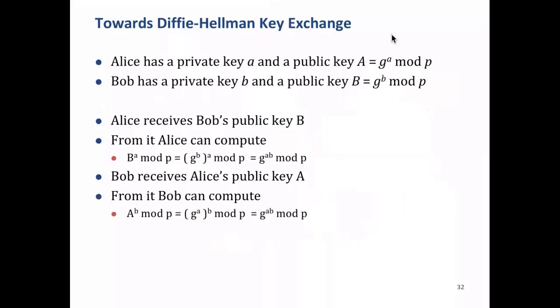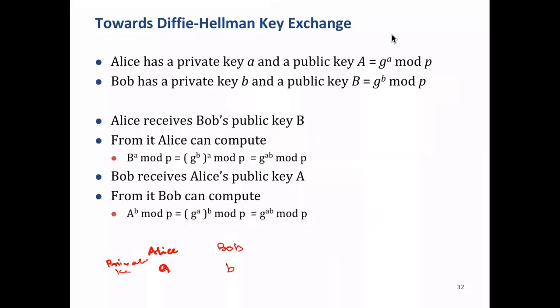Now, let's come to Diffie-Hellman key exchange. Alice has private key a, and Bob has private key b.